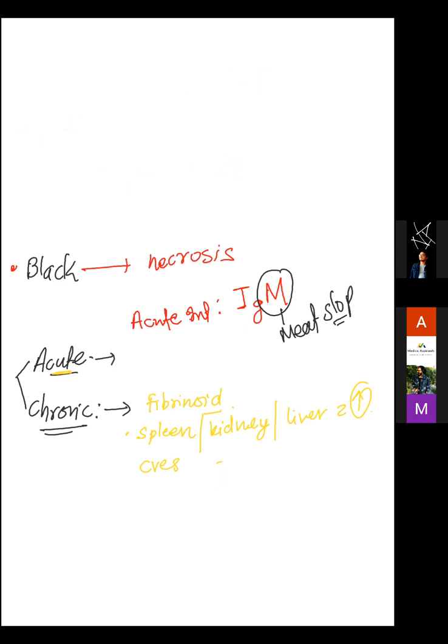When in the question it is asked like chronic myelogenous leukemia, this is also covered in the previous topic.